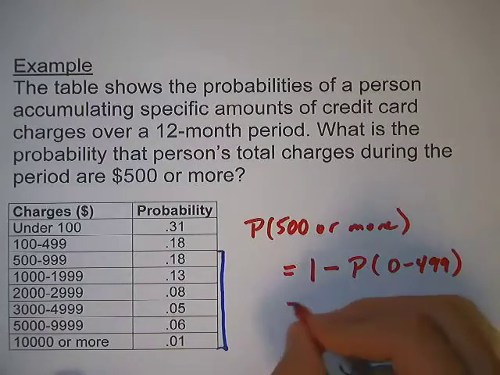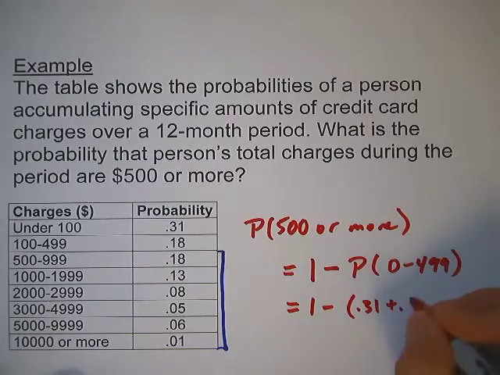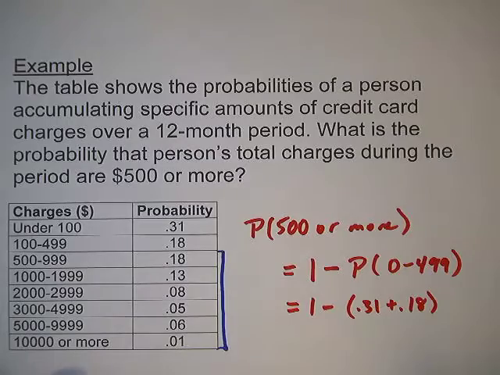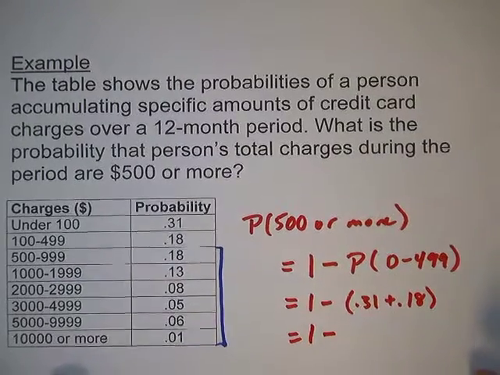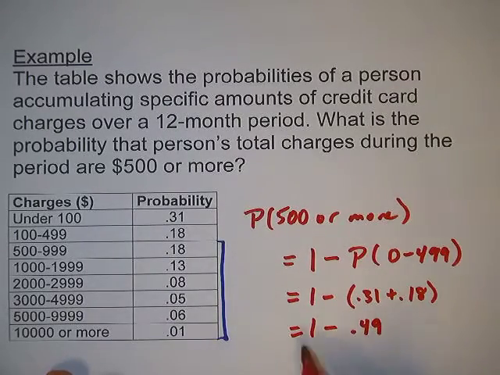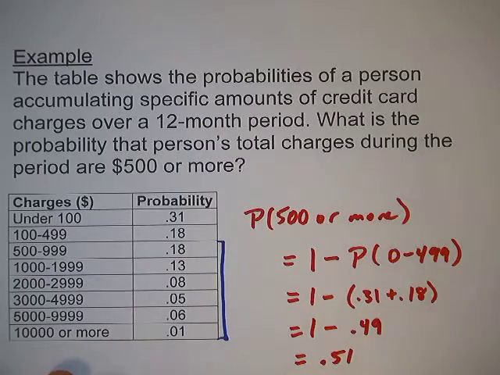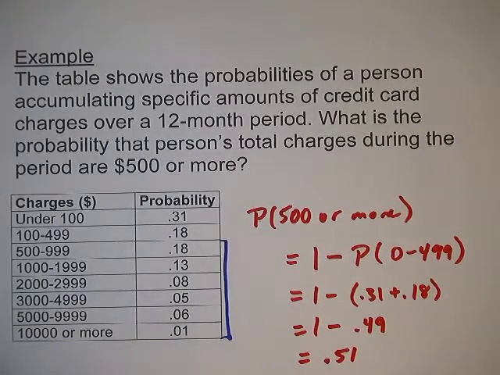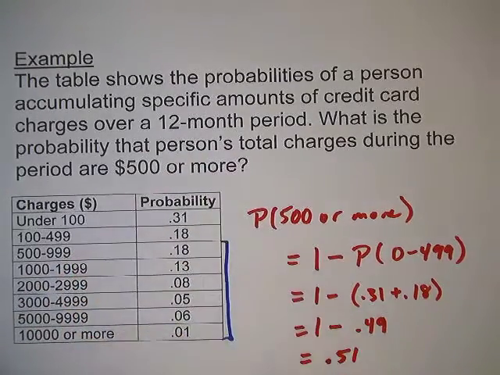To calculate that, we just do 1 minus, and then add up 0.31 and 0.18. If we add those two together, that gives 0.49. So 1 minus 0.49 is 0.51. So there's a 51% chance that somebody will accumulate credit card charges of $500 or more.